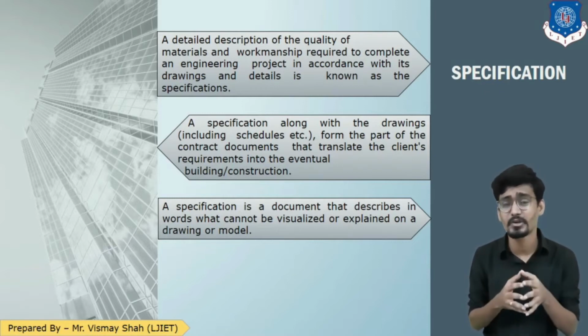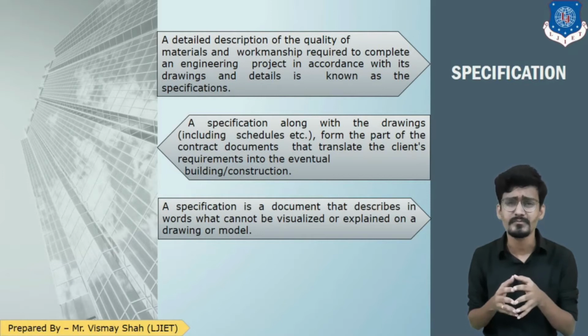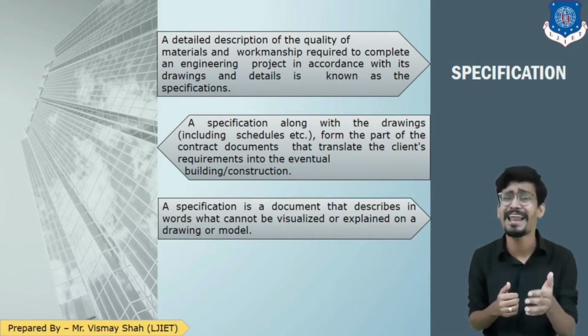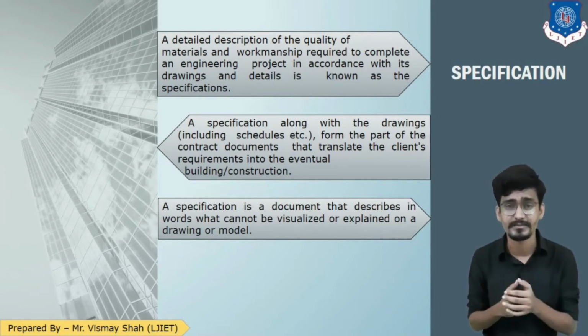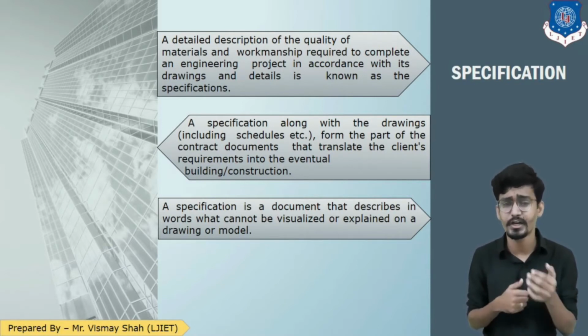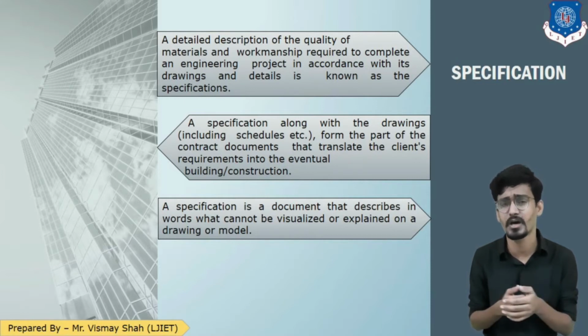It is a detailed document which specifies the quality of material and the quality of workmanship to complete an engineering project in accordance with the drawings. In other words, a specification along with the schedule or drawings forms part of the contract document which eventually translates the client's requirement into the construction or the building.